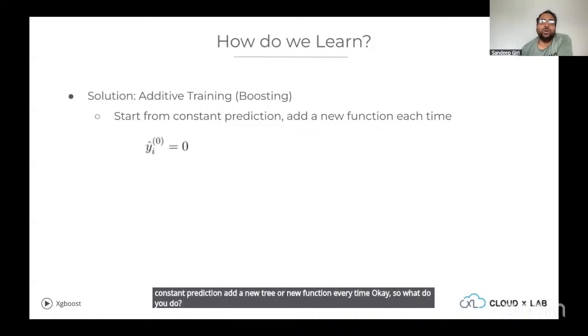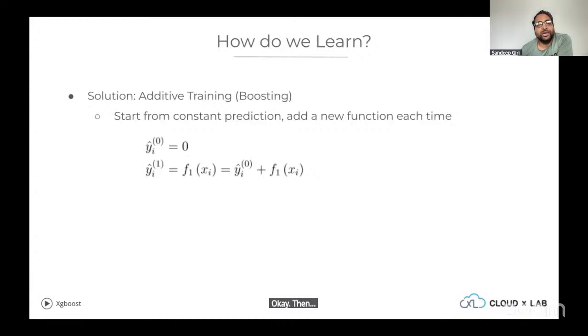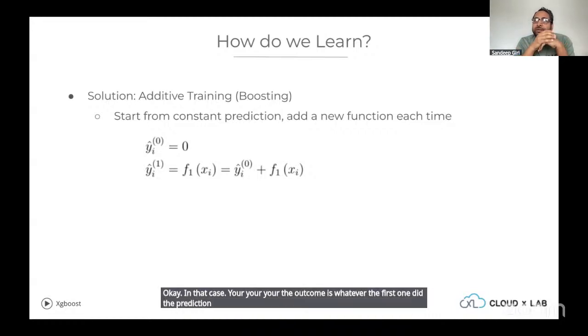Initially, you have no tree. At that point of time, the predicted value is 0. Then you add one split. In that case, the outcome is whatever the first one predicted.